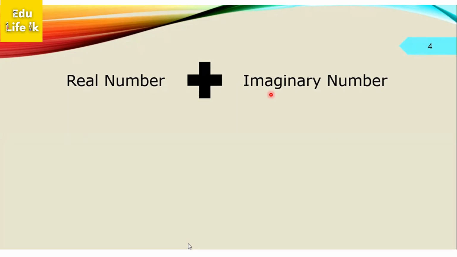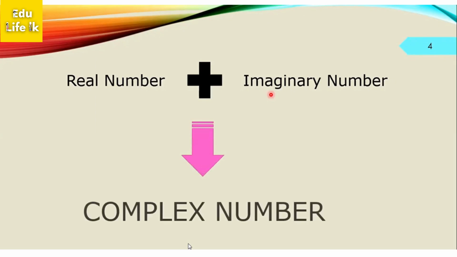If you add an imaginary number to any real number, then we get a complex number. Once again, real number plus imaginary number gives a complex number.